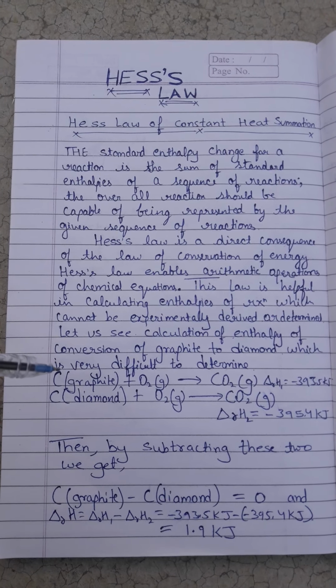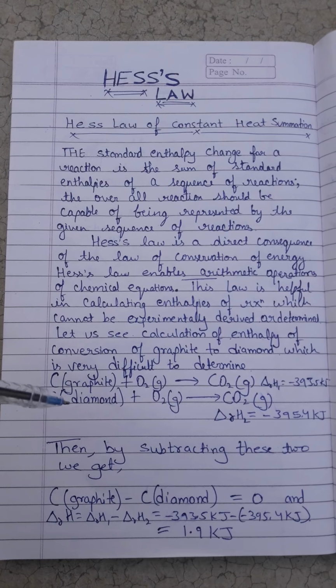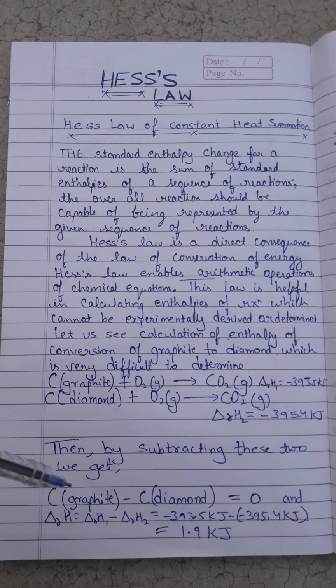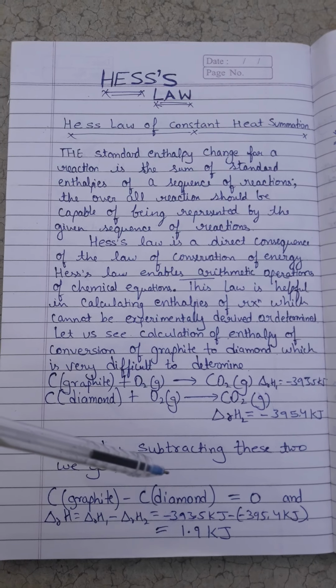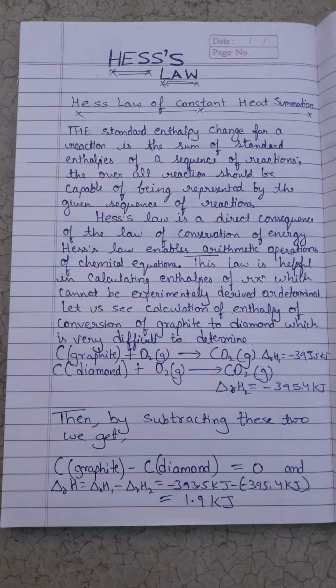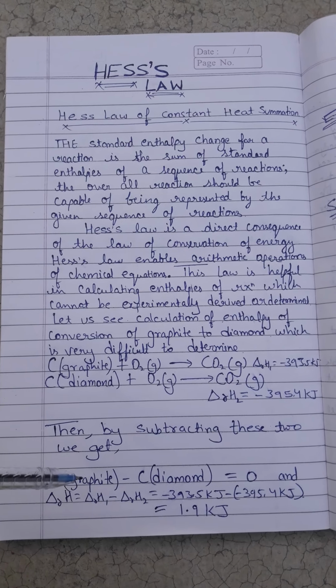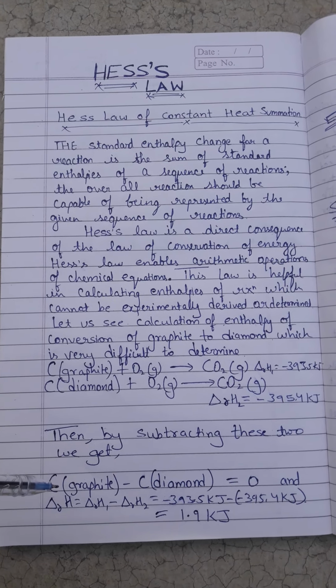Now by subtracting these two equations, we get carbon graphite minus carbon diamond is equal to 0. In simple words, graphite and diamond are both allotropes of carbon.